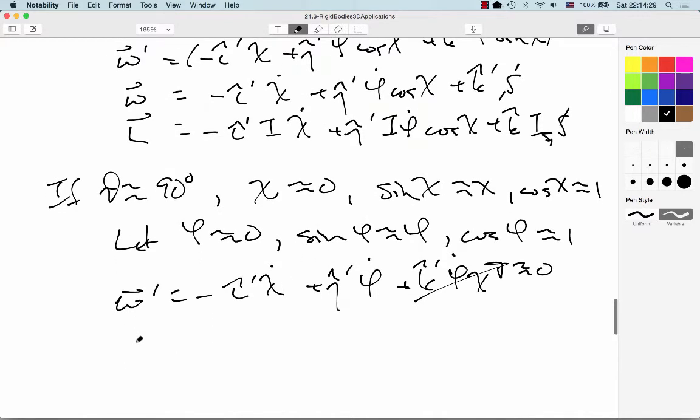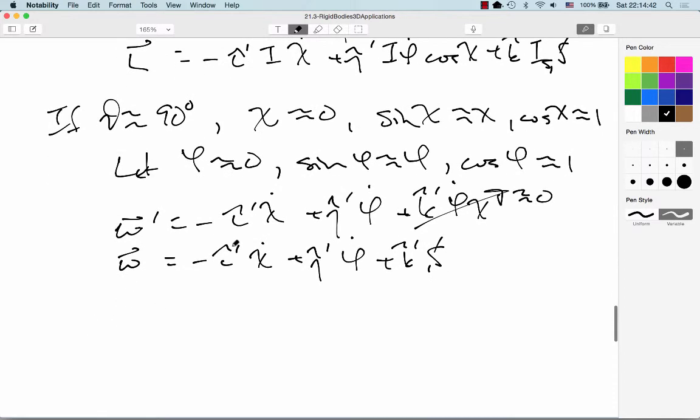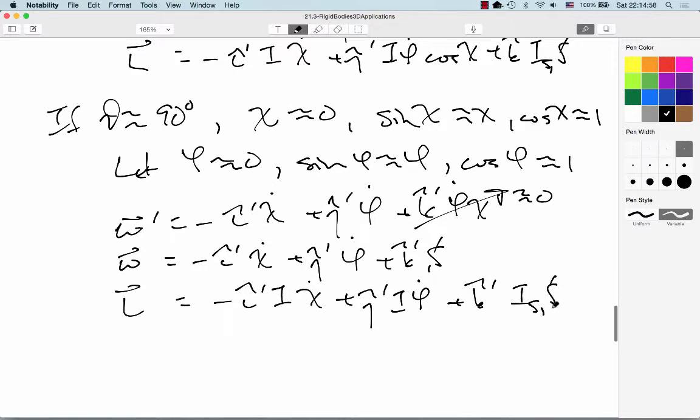So by the same token, omega will be minus i chi dot plus j phi dot plus k S. And then finally, L will be minus i prime I chi dot plus j prime I phi dot plus k prime IS S. Whoa.